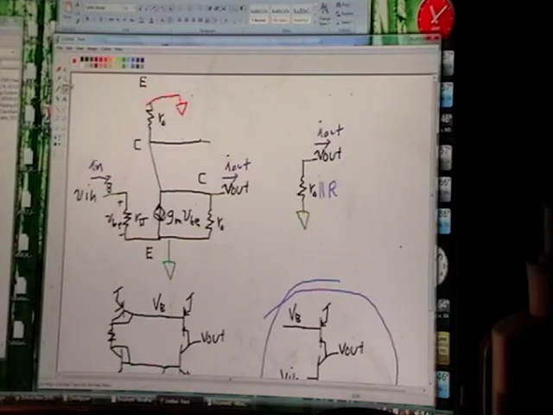So this is exactly the same as the common emitter amplifier you just did analysis for, except instead of R you have RO. Okay, so that's after simplification.